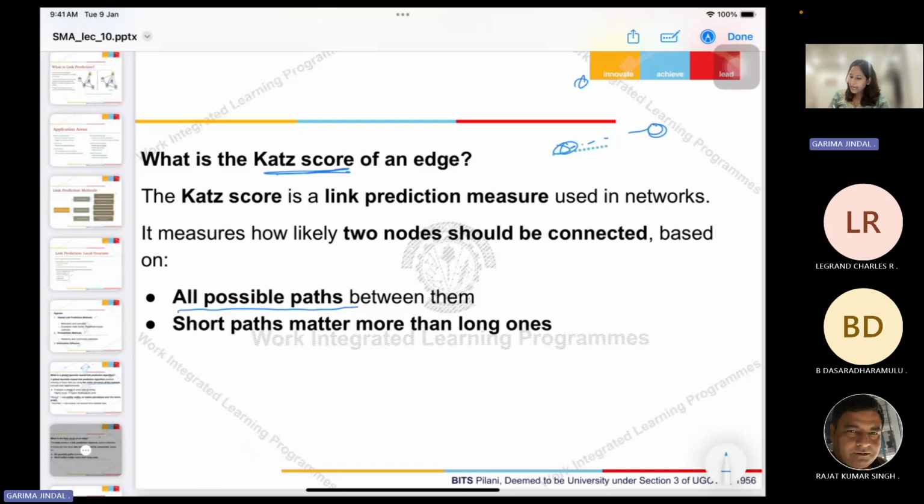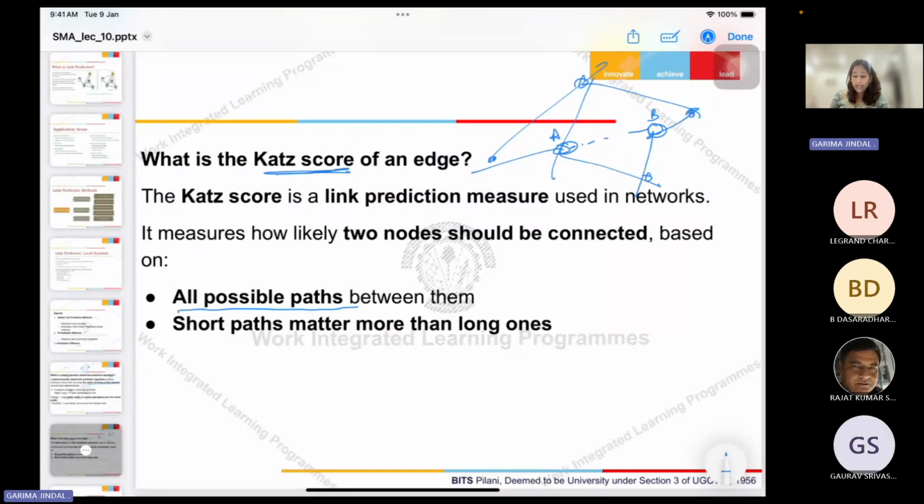Suppose I had this network, and now I want to predict whether node A and node B are connected or not. So I want to predict this link. I will consider all the paths through which I can reach A and B.